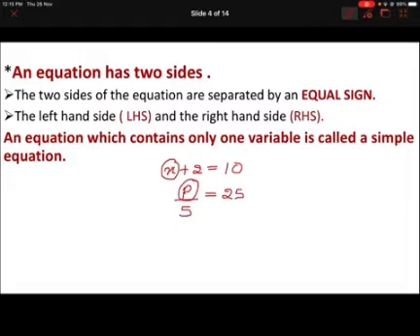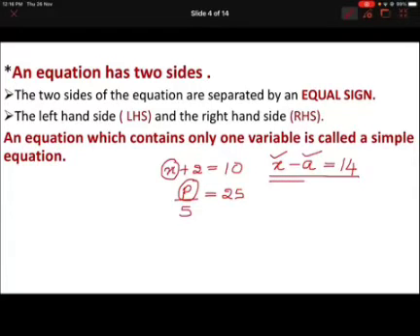Whereas, if I write x minus a equals 14, then this is not a simple equation because there is x, one variable. There is also one more variable, that is a.